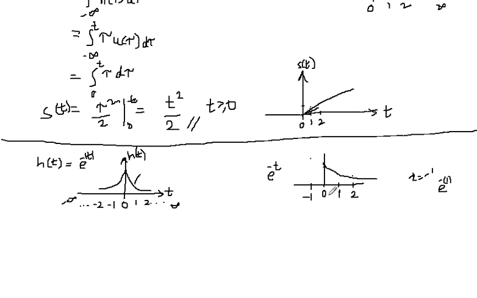So we get this point. And if t is equal to minus 2, then we get e to the power 2. This way, the signal e raised to minus t, without the magnitude, is given in this way. It is an exponential signal. Of course, it is a decaying exponential.